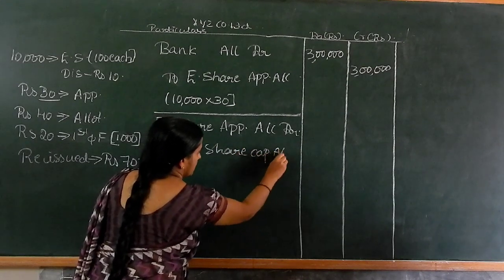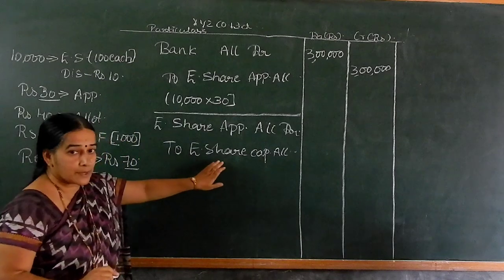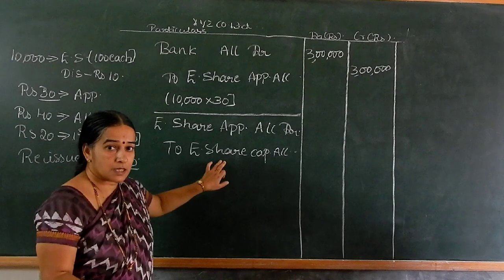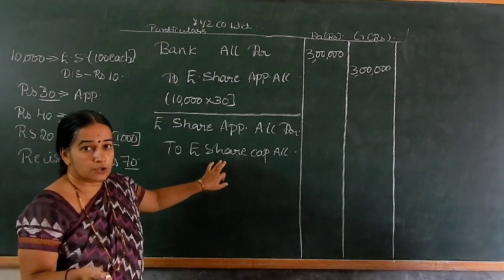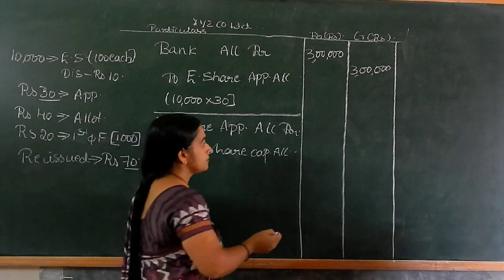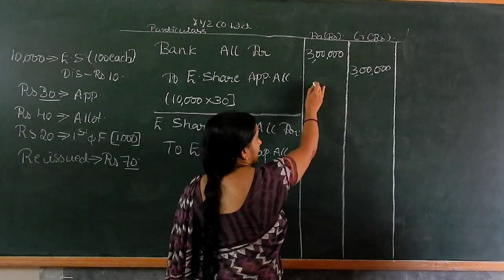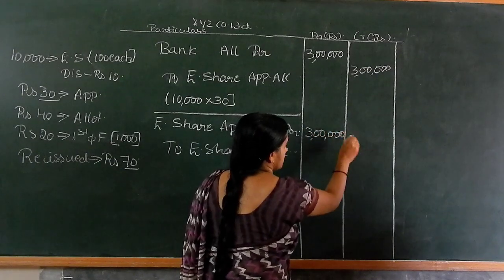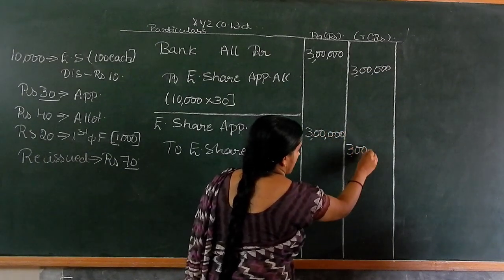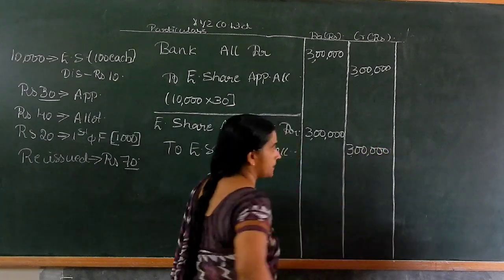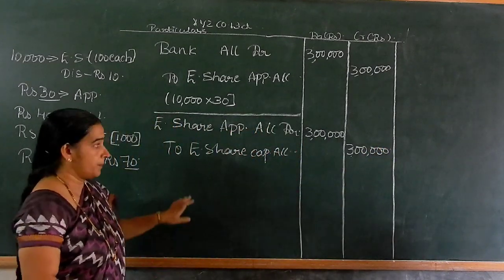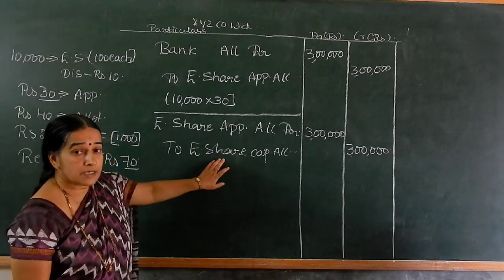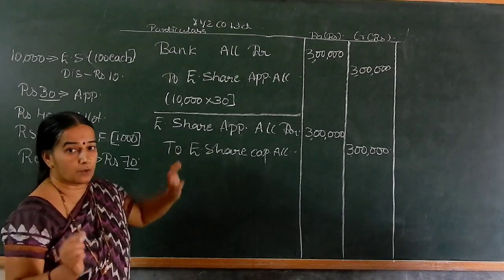In this entry, equity share capital is credited because share capital is a liability. Liabilities show a credit balance. The amount received from the applicants is 3 lakh, so 3 lakh will be transferred to equity share capital account. Being equity share application money transferred to share capital account.